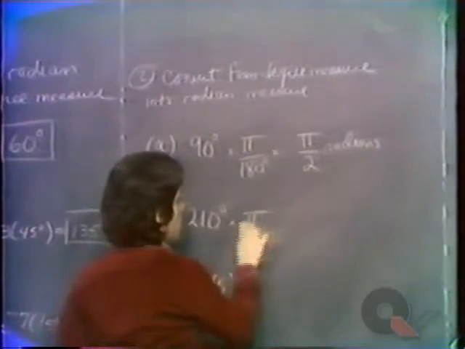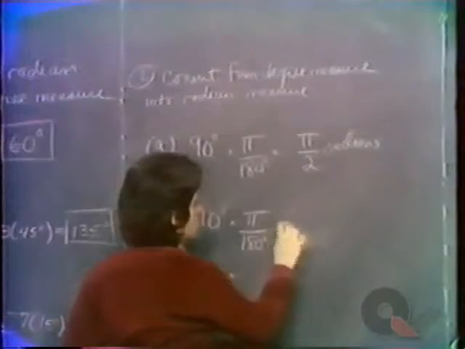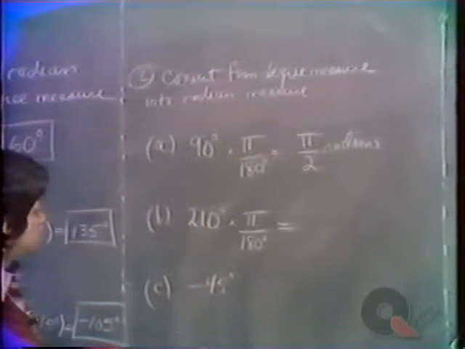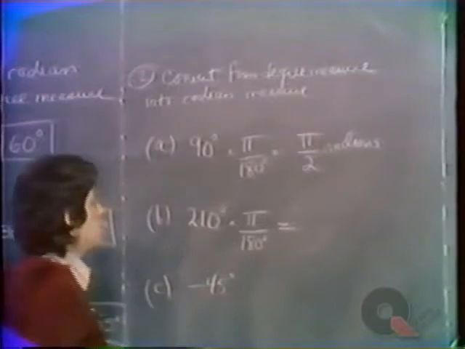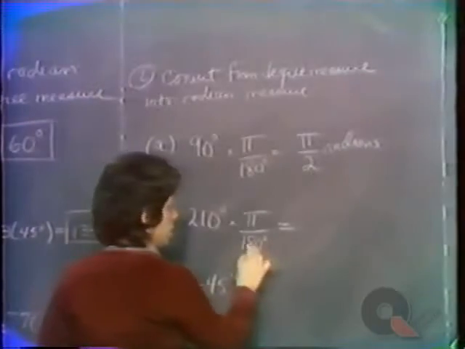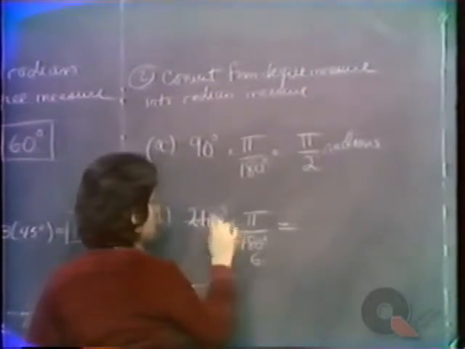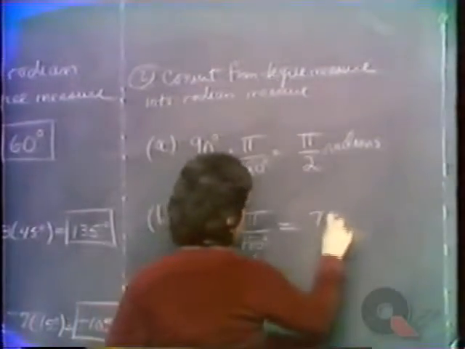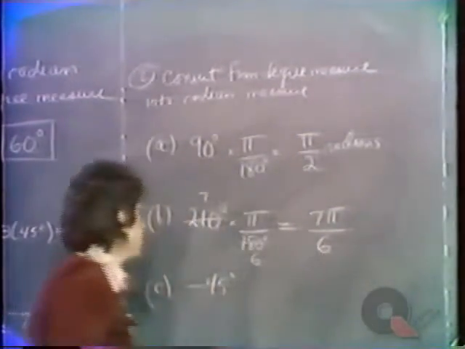Here, multiplying by pi over 180 degrees, the degrees cancel out. And you can say, divide numerator and denominator by 30. 180 divided by 30 gives you 6. 210 divided by 30 gives you 7, for a final answer of 7 pi over 6 radians.